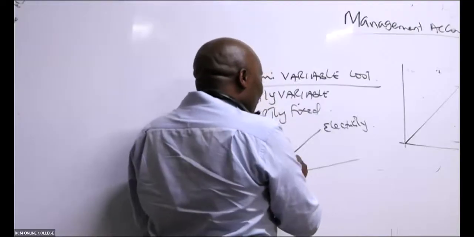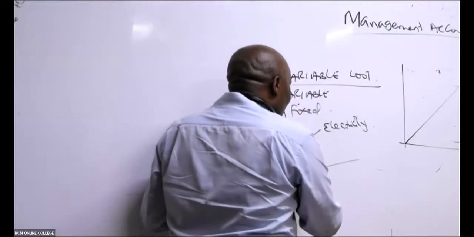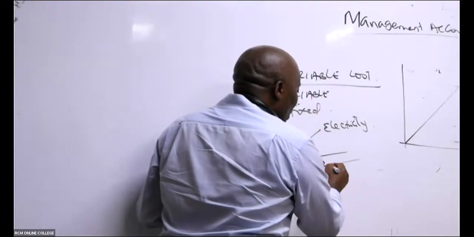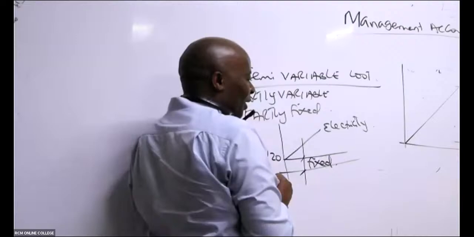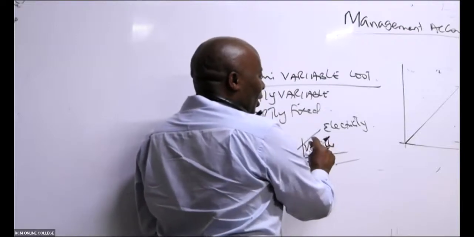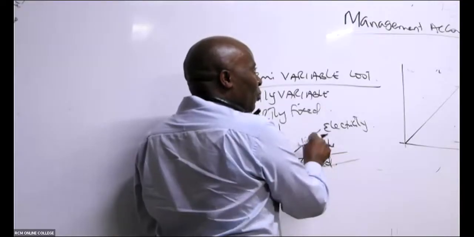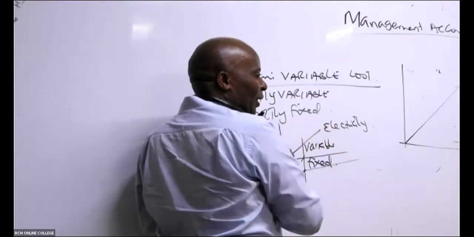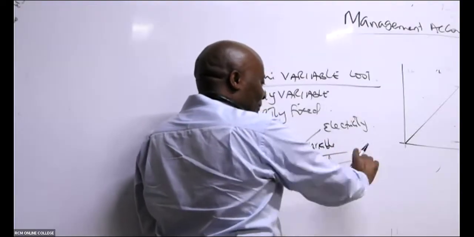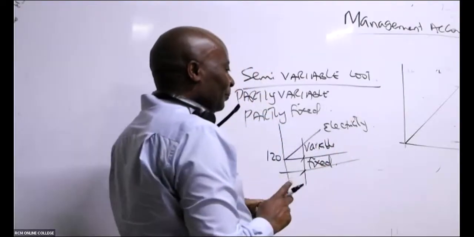All right. So if I dissect my meter bill very well, I will be able to have these 2 components. We have here what, somebody? Fixed cost. And then we have variable. Now this variable component will be dependent on the number of kilowatt hours. The more I use, the more, but fixed will always be fixed like that.